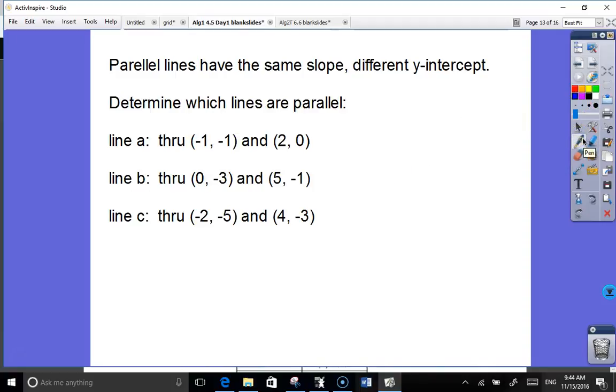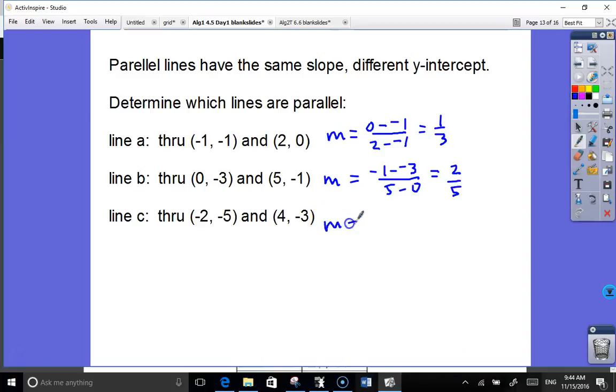In this first one, the m is going to be 0 minus negative 1 over 2 minus negative 1, which is positive 1 over 3. The second one will be negative 1 minus negative 3 over 5 minus 0, which is negative 1 plus 3 is 2, over 5. So those are definitely not parallel because they don't have the same slope.